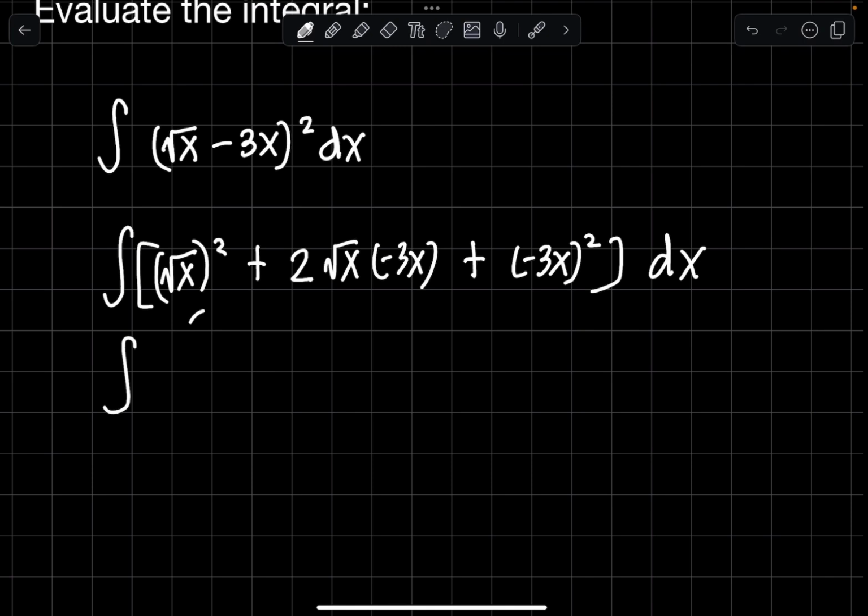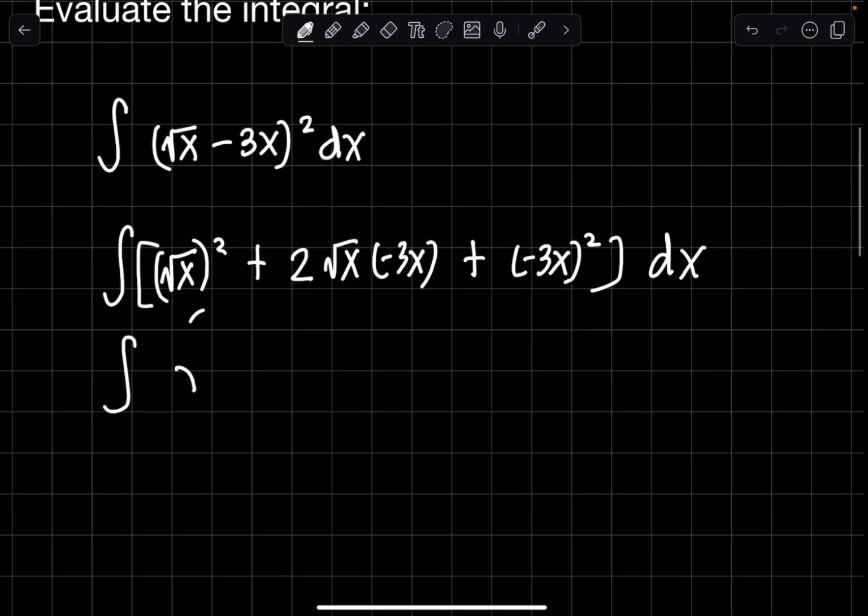We have square root of x squared, so that's equal to x, plus 2 times square root of x times negative 3x. So we multiply first the coefficient, 2 times negative 3, that's negative 6.